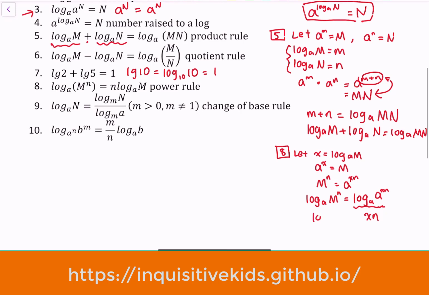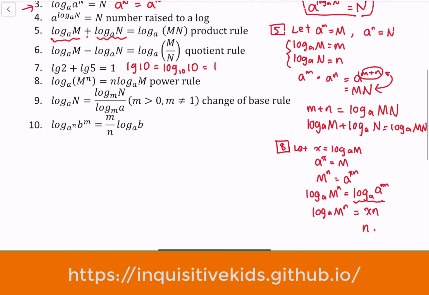So log base a of m to the nth power is equal to xn. And what is x? Well, we have defined x as log base a of m. So our equation can finally be rewritten as this. And as you can see, we have proven property number 8.